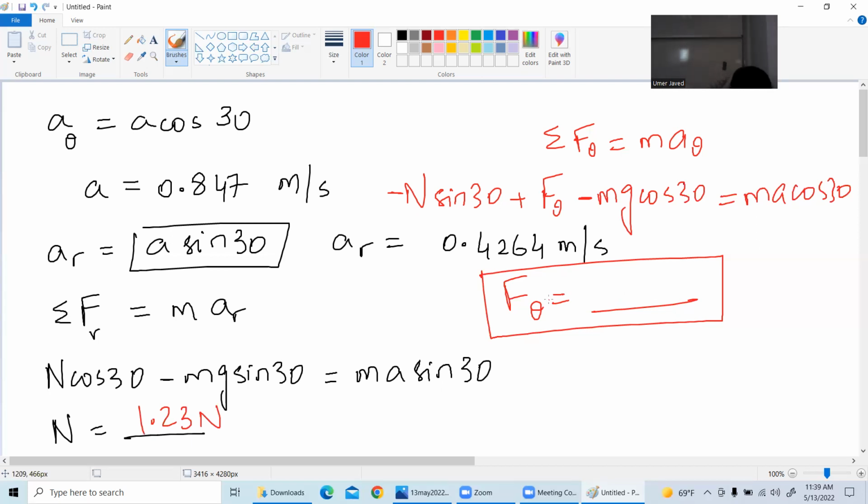Now let's see the free body diagram which I drew. So, this is what I got. This is the radial direction. This is the theta direction or E caret theta. And this is E caret R. And this was my object. And this is the mg.